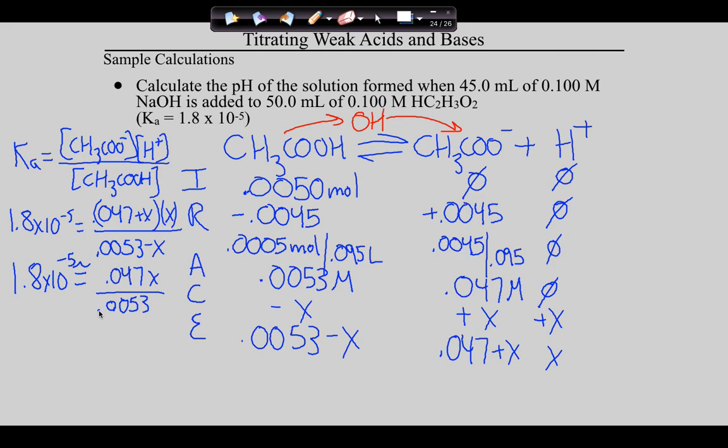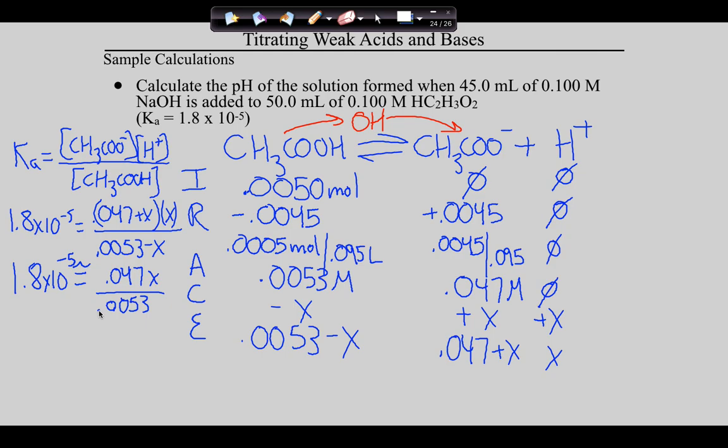All right, so we've got 1.8 times 10 to the negative fifth times 0.0053 divided by 0.047. Can I just take the negative log of that now, please? Guys, I get 5.7.